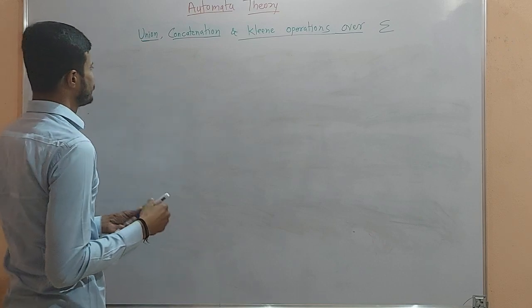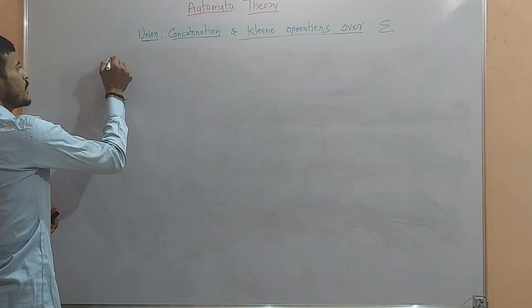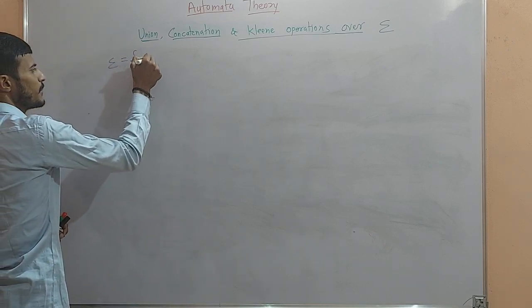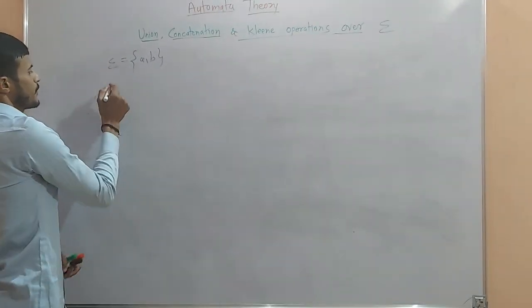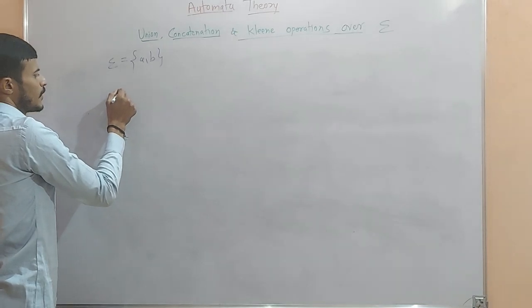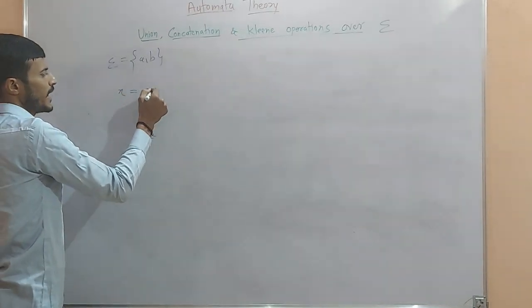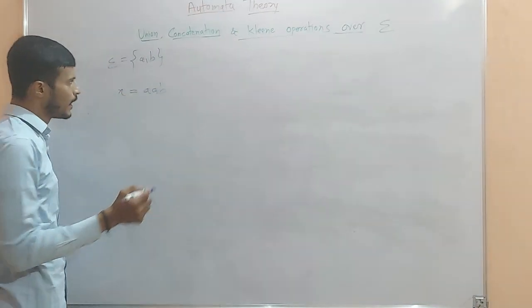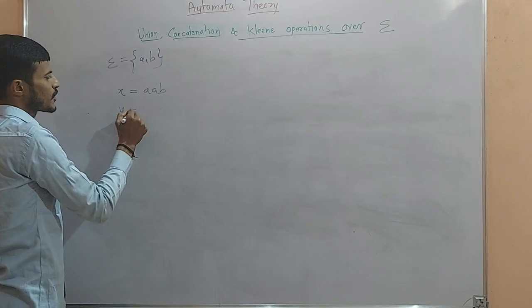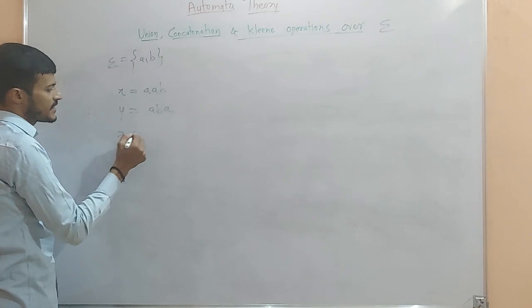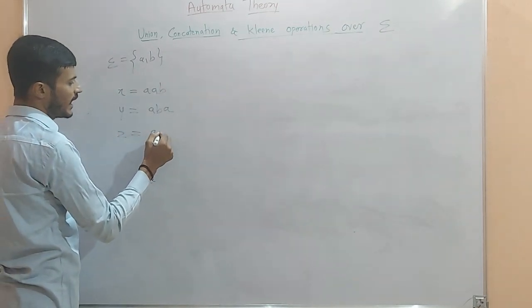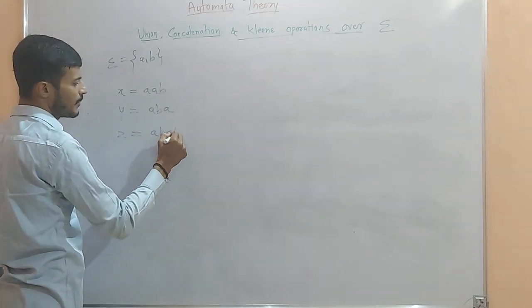Let us consider summation equals {A, B}, and assume x equals AAB, y equals ABA, and z equals ABAB.